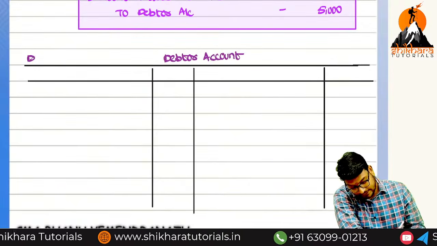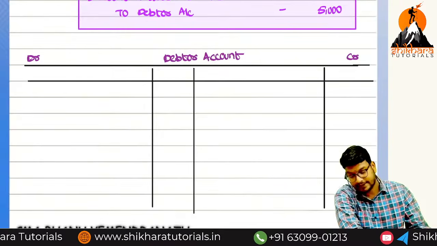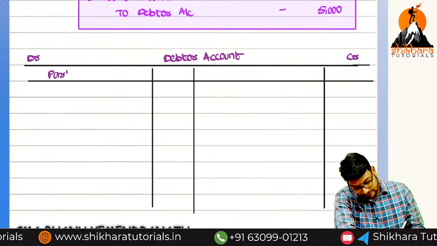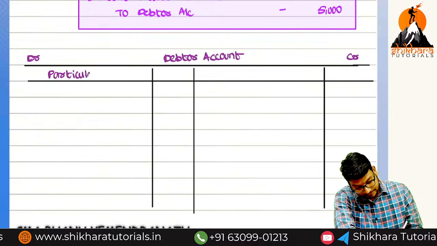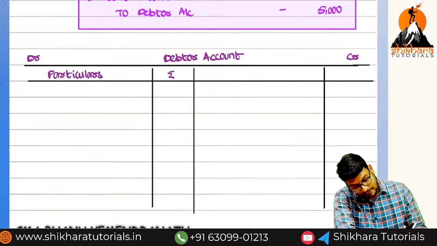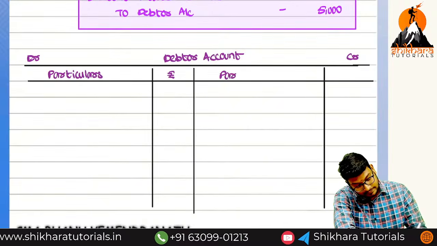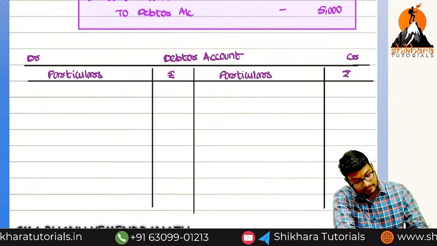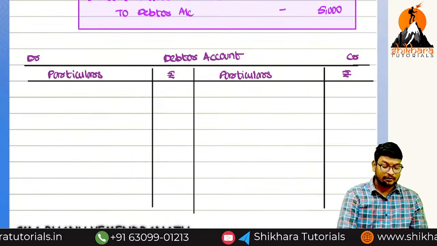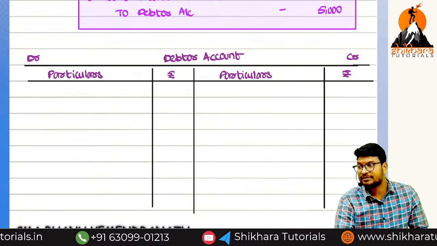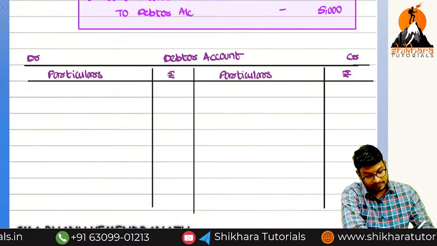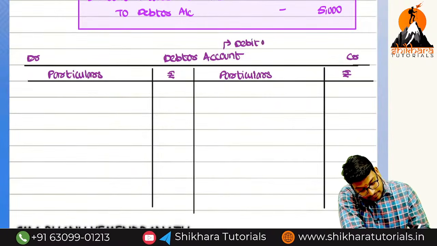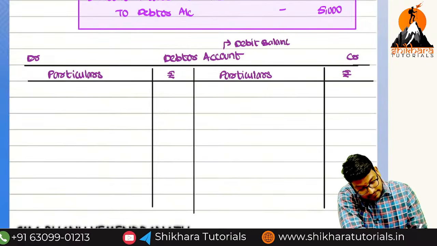So left hand side is a debit record, right hand side is a credit record. So particulars, amount rupees, particulars, amount rupees. So this account is showing which balance? This account is showing debit balance because it is an asset.